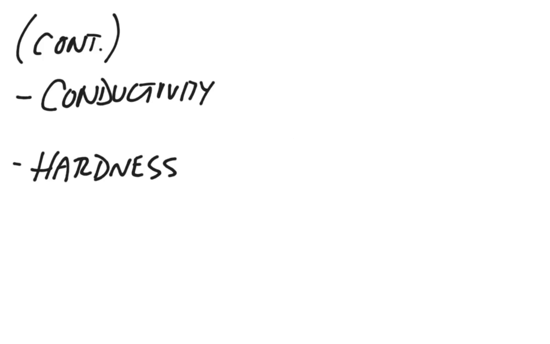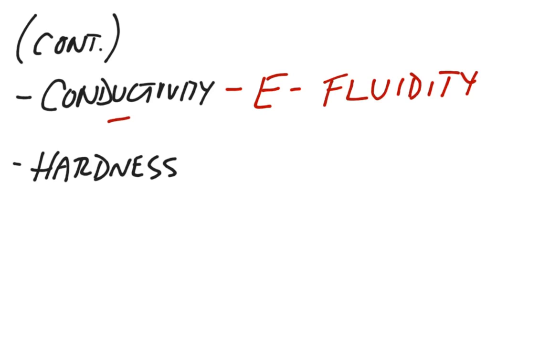Now, conductivity, both heat and electricity, can be attributed to the movement of the electrons. Because electrons are able to move freely, they're not bound to any single nucleus, the free-flowing electron, the electron fluidity, causes good conductivity of heat and electricity. The last thing is that most metals tend to be hard.